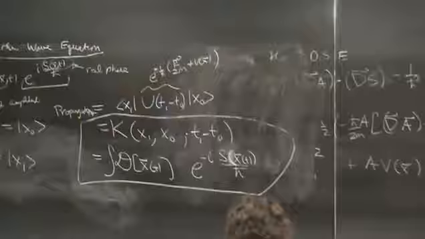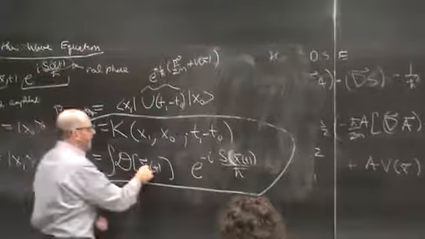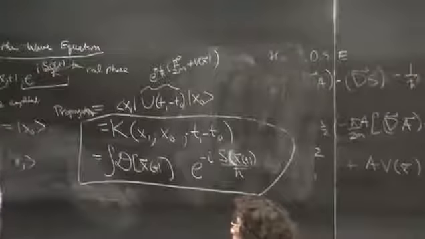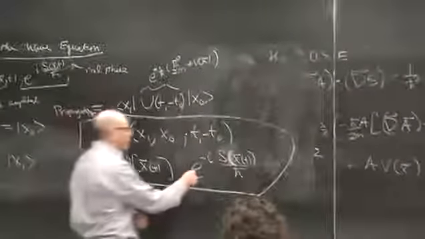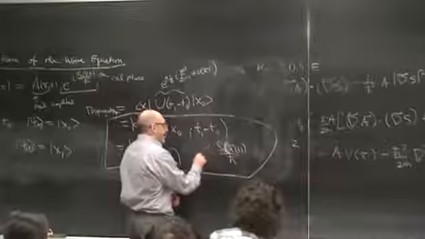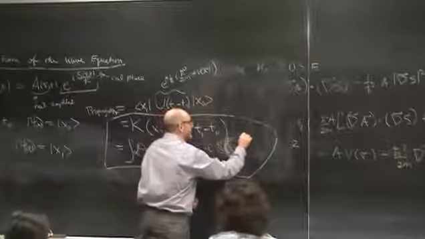What does this represent? This is every possible path that can connect me from those 2 points. I weight that with a phase factor that depends on the classical action.